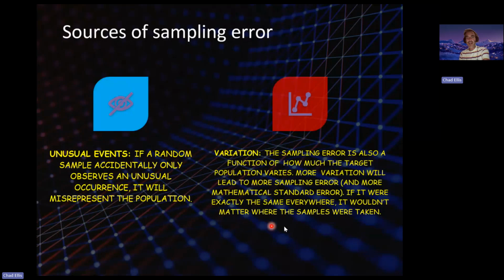Another thing that affects sampling error is the inherent variation in your population. Again, let's go back to heights. If for some weird reason your population all has people with very similar heights, your sample is likely going to have less error compared to if you're trying to measure a population where you have a large variation in heights.